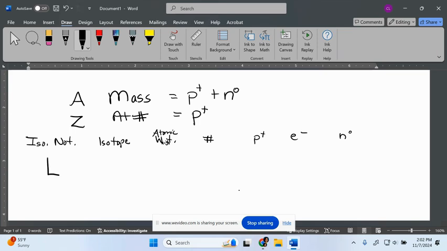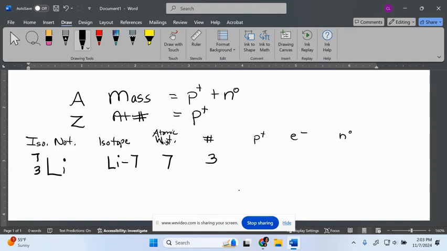I'm just going to do one for lithium here. This is isotope notation for lithium. We tried to show you a couple of examples on the quiz. The way we had that done was the symbol for the element, followed by its mass. Atomic weight then is going to be the 7 again. Atomic number is what?